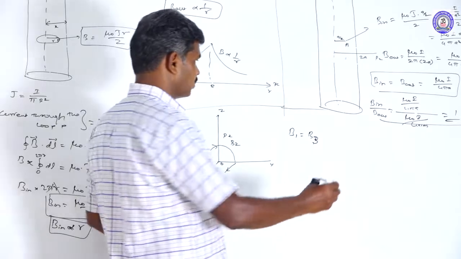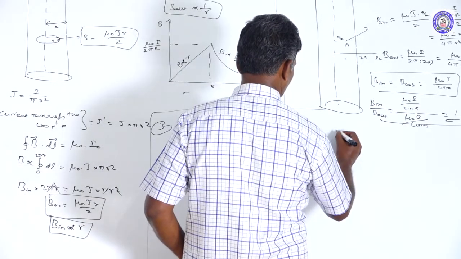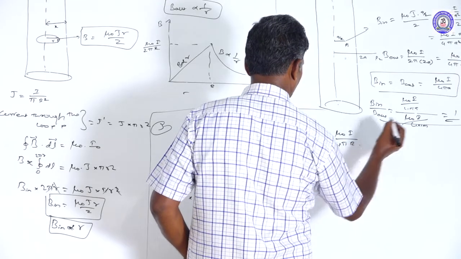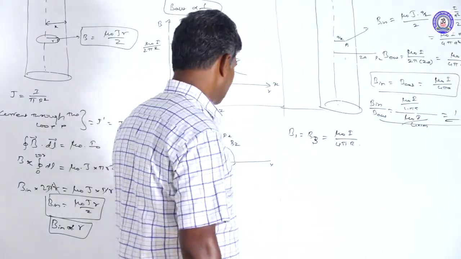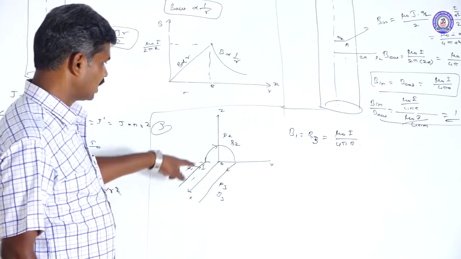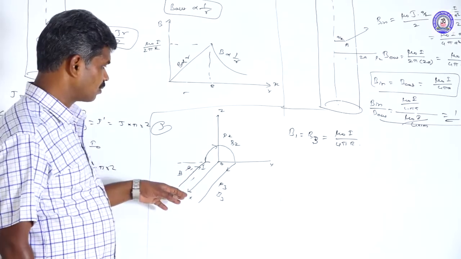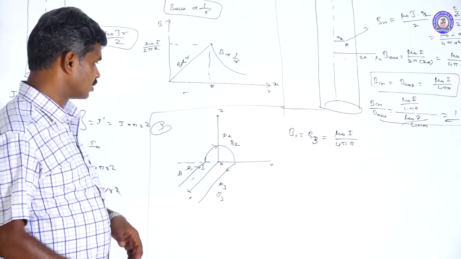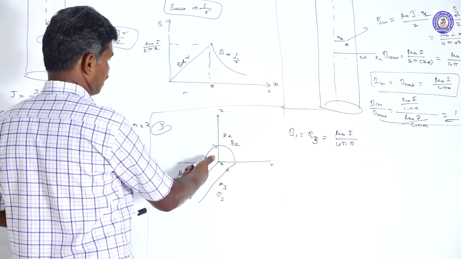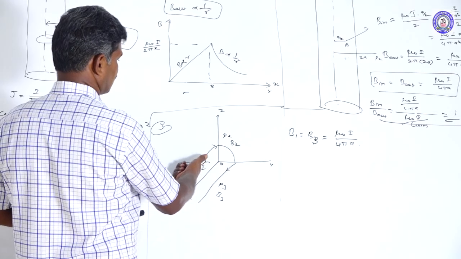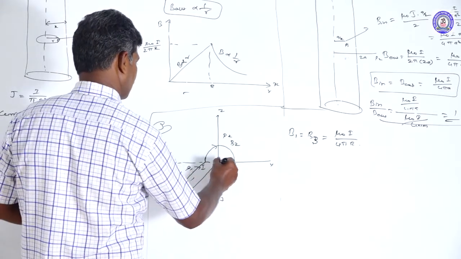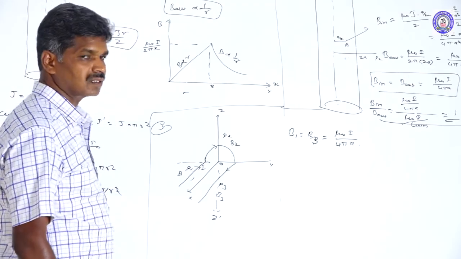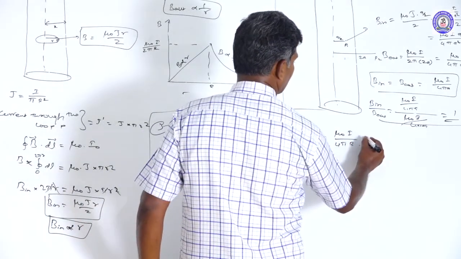Their magnetic inductions can be taken as B1 equals B3 equals mu naught I by 4 pi r. Their directions: if the conductor is along the x direction, its magnetic field acts perpendicularly. So if the first part is a straight conductor, the field is in the downward direction, that is the z prime direction.